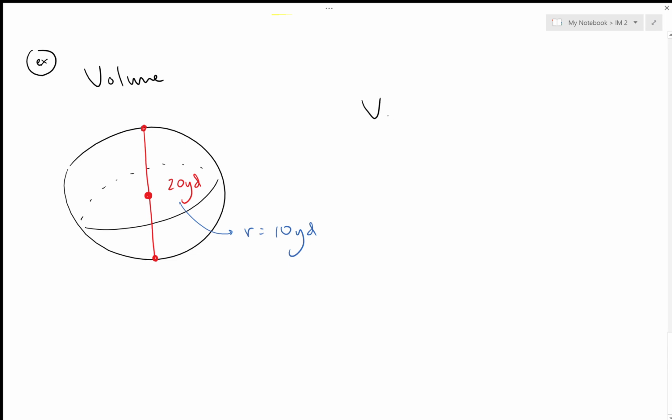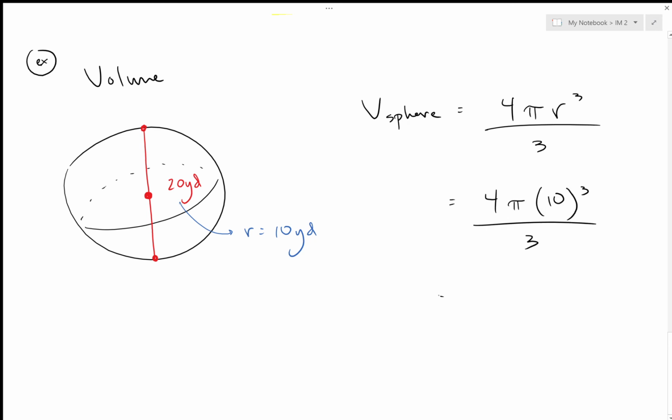So finding the volume of this sphere, how much fits inside of this, 4 pi r cubed over 3. We know the radius is going to be 10. All right. So 4 times pi, 10 cubed, that's 10 times 10 times 10, that comes out to 1,000.